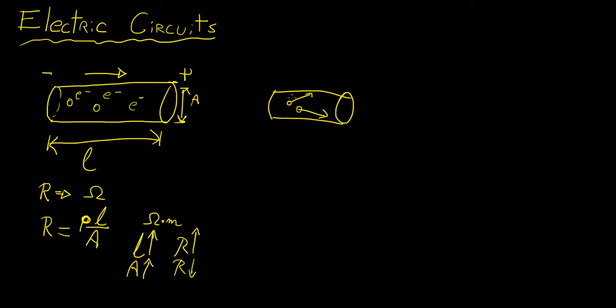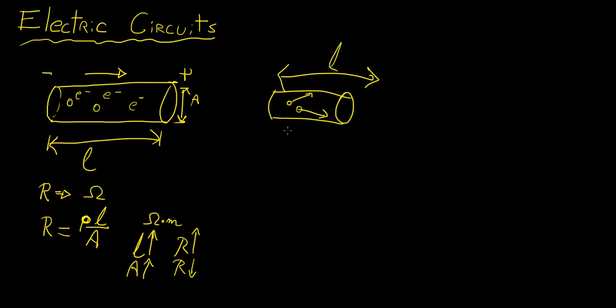As such, these electrons lose some of their kinetic energy, which slows them down over time. So if you make the wire a lot longer, you increase the rate of collisions, which means there's going to be more resistance. This is what happens when you increase the length of the conductor.